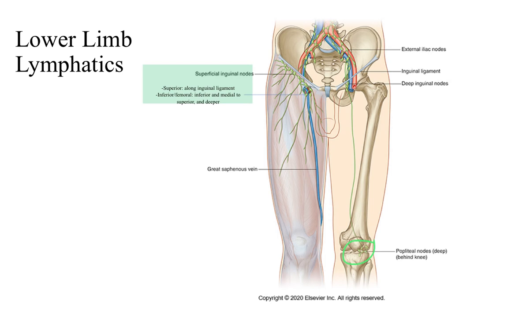So that would include your knee joint here, the popliteal nodes in the knee, as well as your inguinal nodes, your superficial inguinal nodes here, and superficial inguinal nodes here, which include your superior, which run along the inguinal ligament, and your inferior, which run more medial. And of course, these sets right here are going to be your palpable lymph nodes that you should be able to identify in physical exam lab.